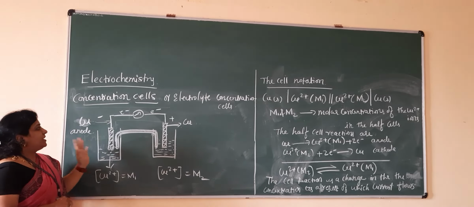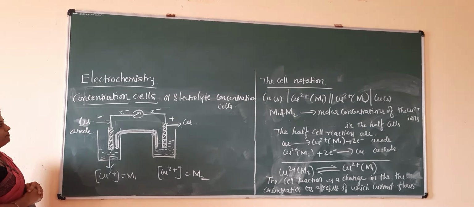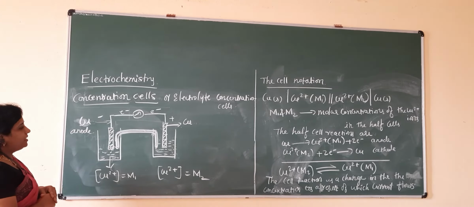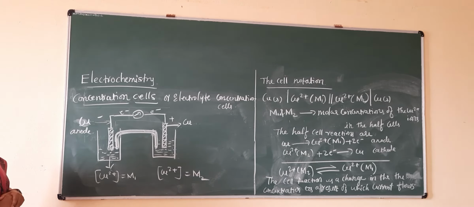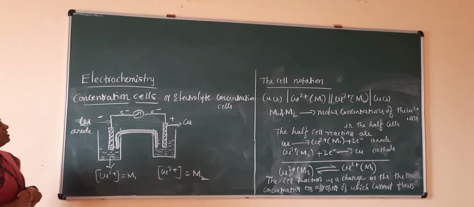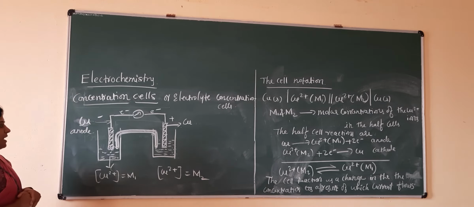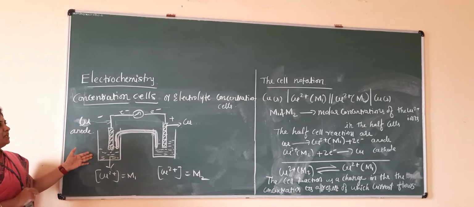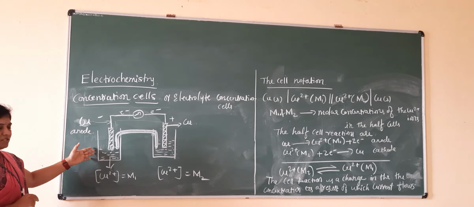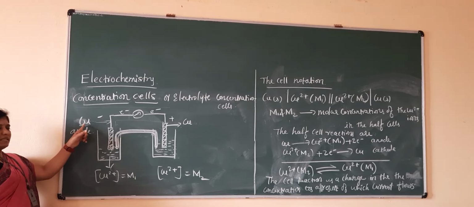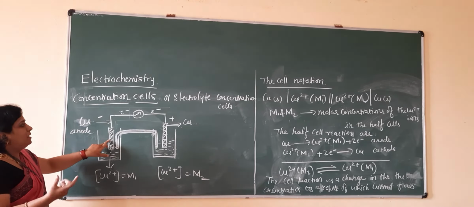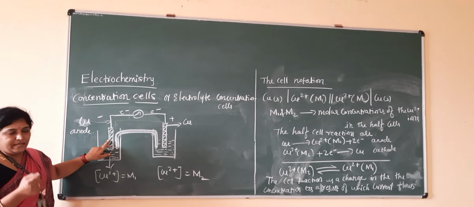Now let us take an example of a copper electrolyte concentration cell, where we have taken copper sulfate. So let us have the diagram of this concentration cell, taking the example of copper. Let us construct the concentration cell here.